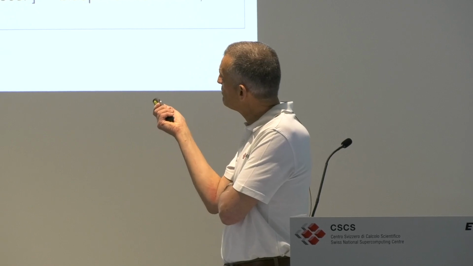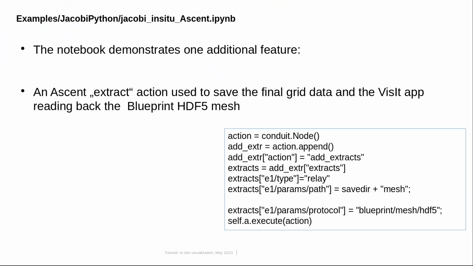With this particular notebook, my intent was to demonstrate the final feature of saving data to HDF5, and this is how you do it. With a Conduit node, you have an extract node with the relay type, and then you give it a file name, a path, and then a protocol. And as far as I know, at the moment, the Blueprint HDF5 protocol is the only one supported.